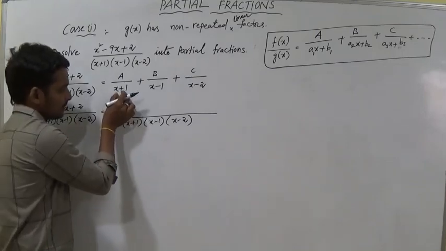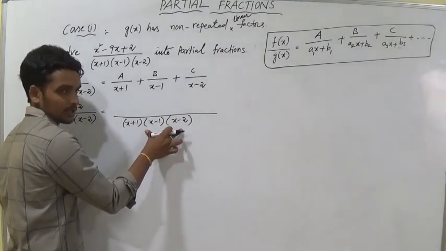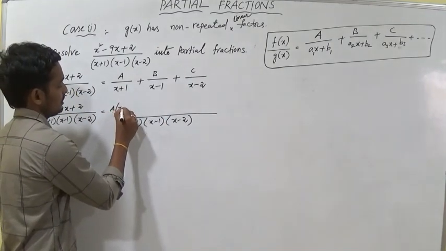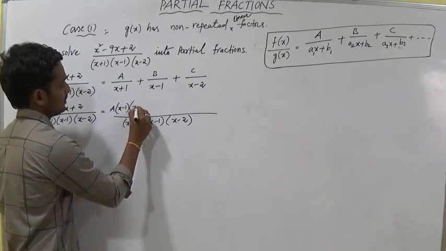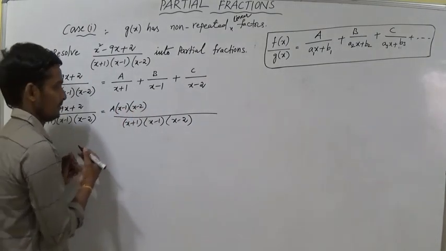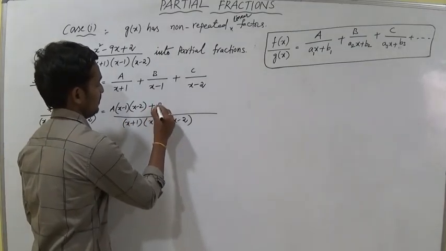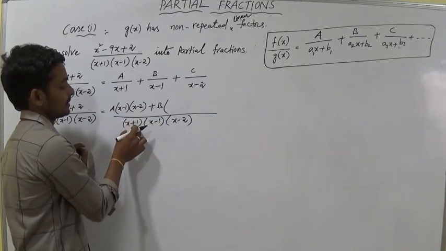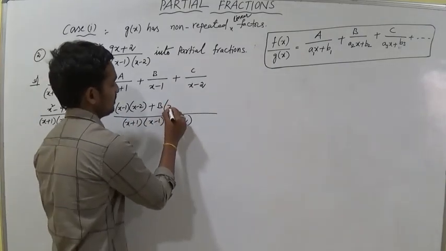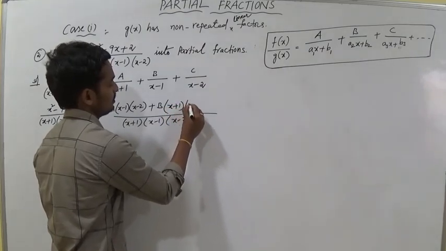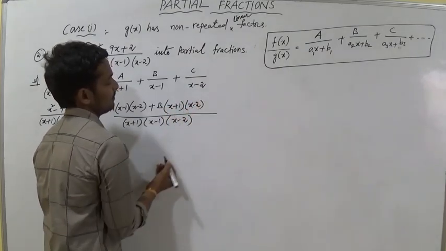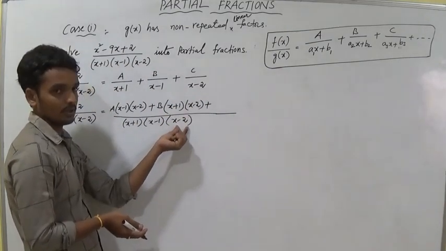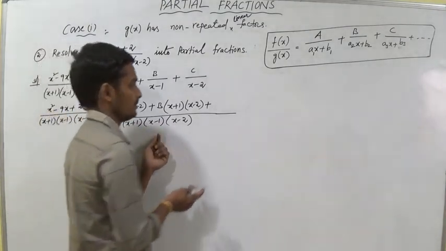What is here? x plus 1 here, okay? There is no x minus 1 and x minus 2. So a into x minus 1 into x minus 2, plus b into, what is the denominator? x minus 1 here. What are the others? x plus 1 and x minus 2. Now we multiply x plus 1 into x minus 2, plus, what is here? x minus 2 here. There is no x plus 1 and x minus 1.